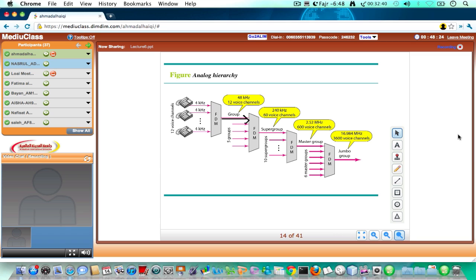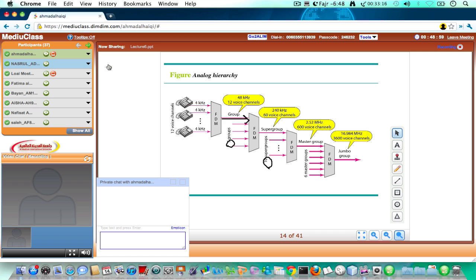So they will group also 5 of these groups and multiplex them using FDM into one supergroup. So this supergroup is 240 kilohertz. This is just 48 kilohertz into 5. Or this is actually 60 voice channels. 60 because here 12 into 5. Then they will take 10 supergroups and multiplex them using FDM into one master group.